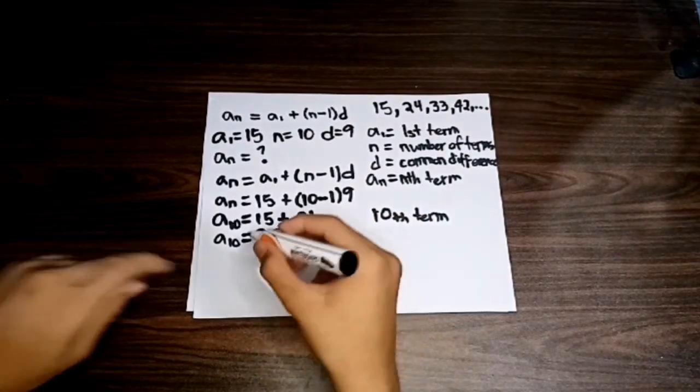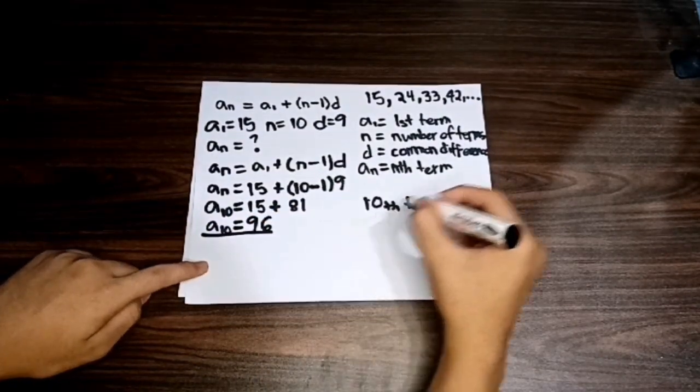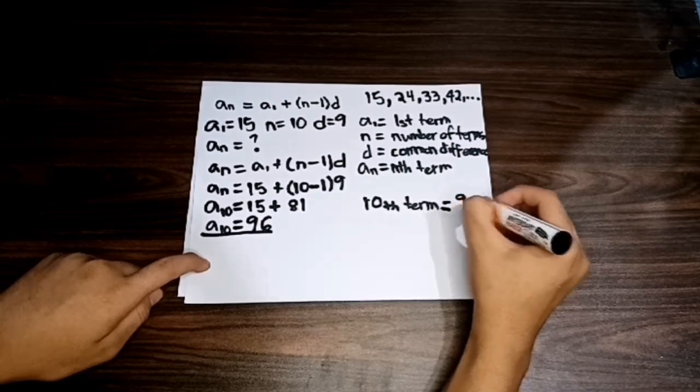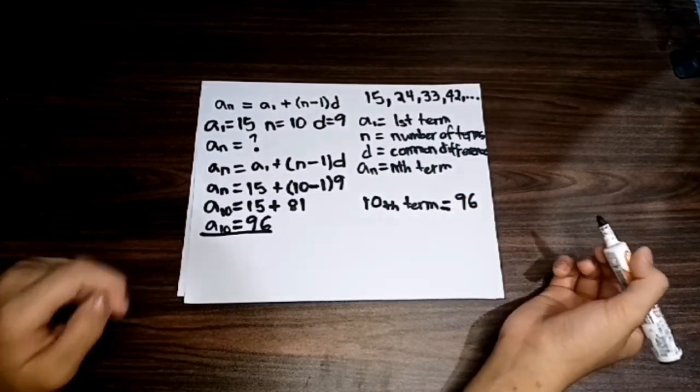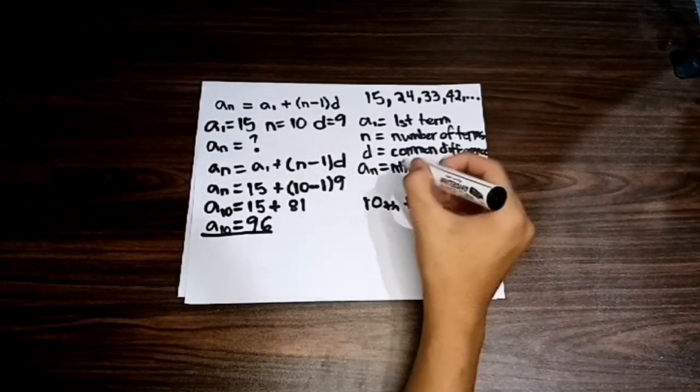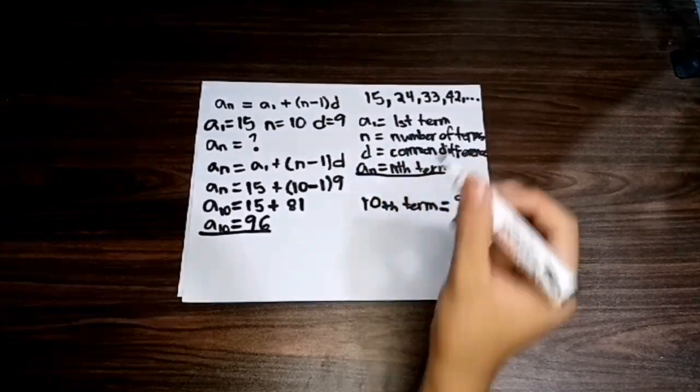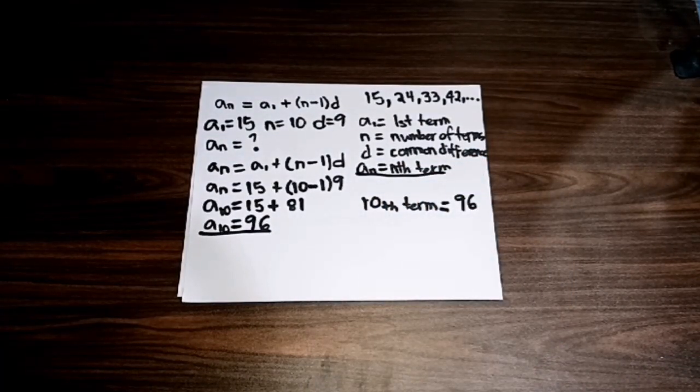So our a sub 10 in this sequence is equivalent to 96. So that's how to solve the nth term using the formula.